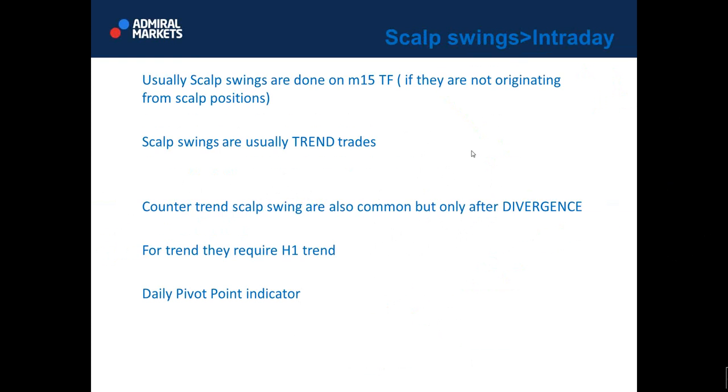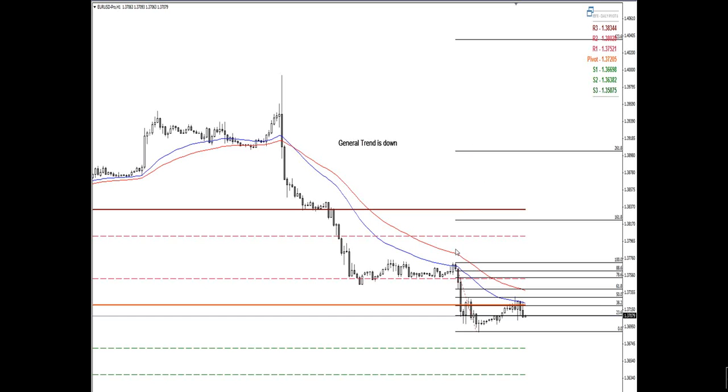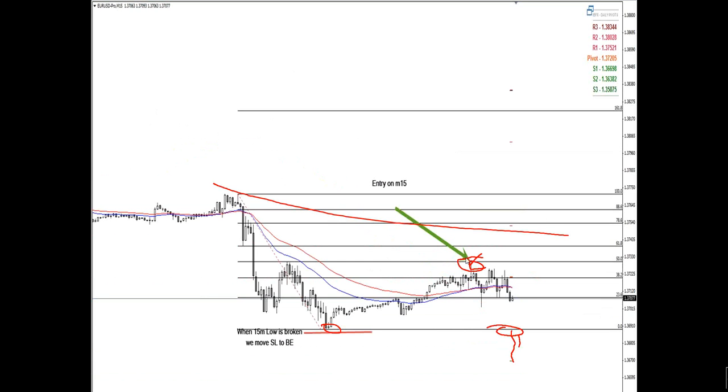And when I do scalps into intraday trades, I usually use Camarilla, but daily pivot points can also be great. And of course, moving and trailing my stop once the previous low, when I go short, is broken. Because break of the previous low is the sign that the price will continue to go down. And that happened with Aussie Yen today.